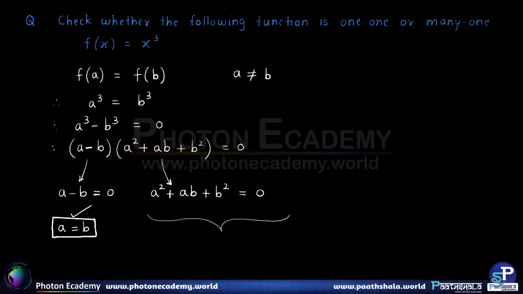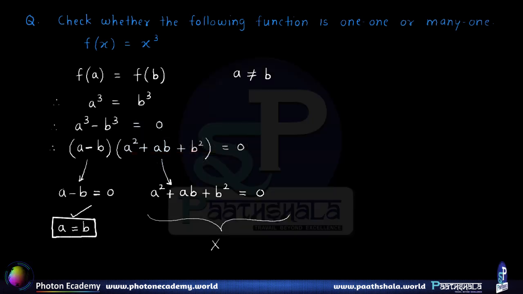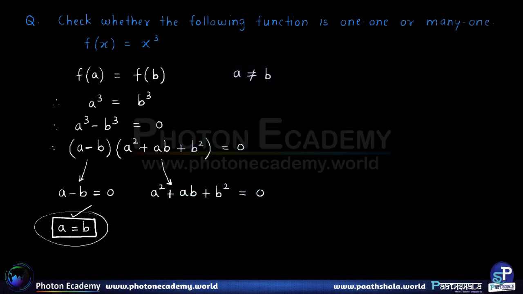That means if we are able to prove that the second condition is not valid, then the only remaining condition is a equal to b, which will decidedly prove that the function is one-one. So how do we know whether the second condition is valid or not? That is, if a and b are two real numbers, then can we have a square plus ab plus b square equal to 0, right? Can we have it? So that is what we have to check now.